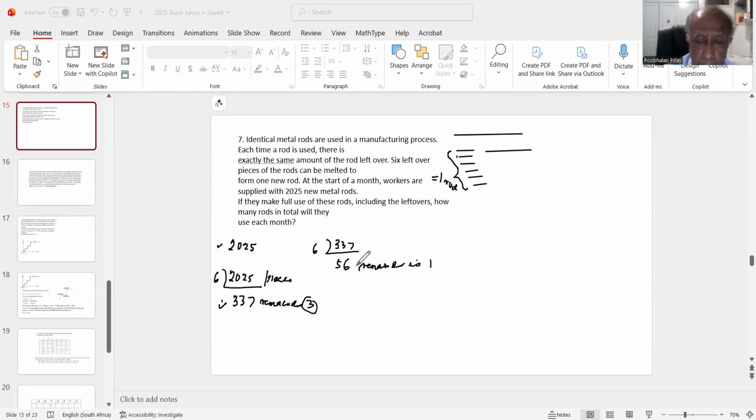So this is the number of rods that you make, 56. Now you had a 3 remaining there, and you got 1 remaining here, so therefore there are 4 pieces left.